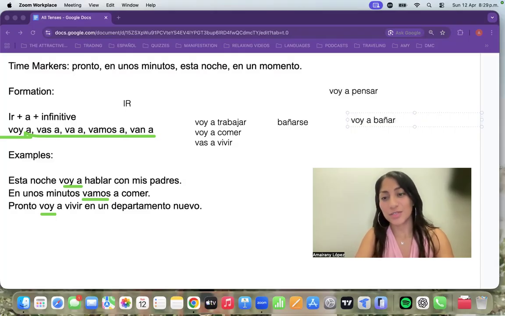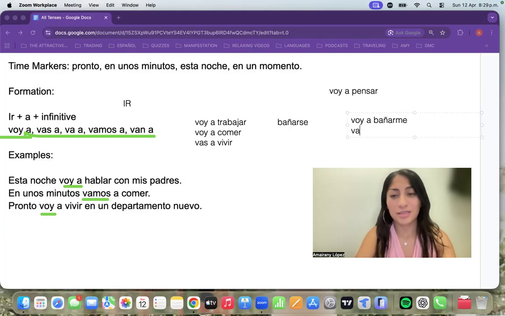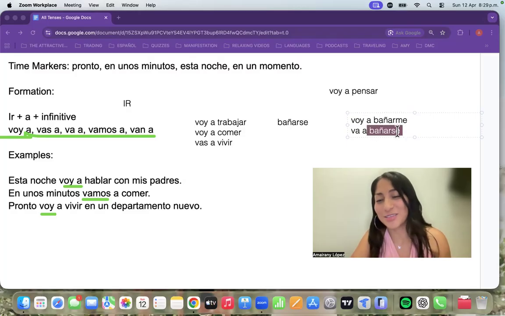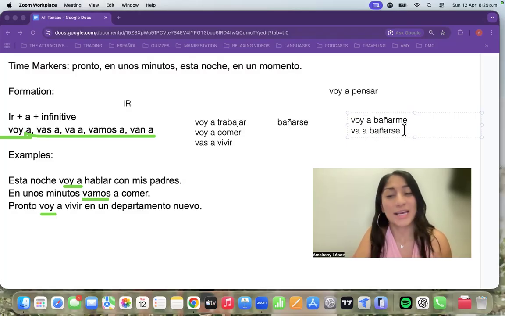If you're going to do it to yourself, you're going to say voy a bañarme. That's how you know who's doing the action. Okay, she is going to shower herself. Va a bañarse. And again, this is just she's going to shower. Doesn't have to be herself, right? But that's how it works in Spanish.